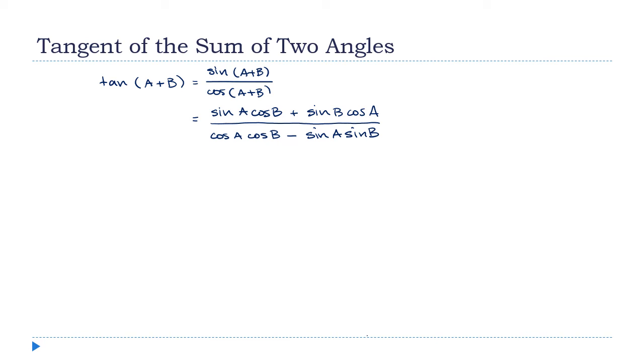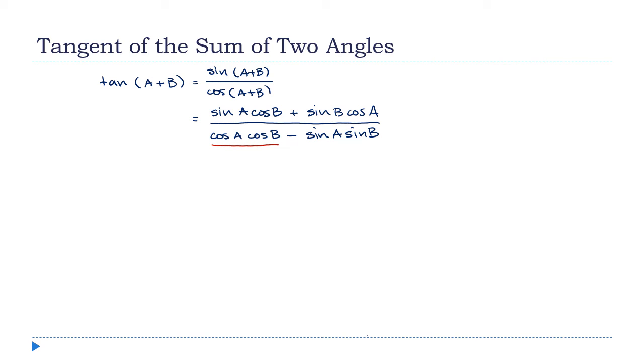Because I really don't want to stop there. That's not a particularly pleasant to look at formula. Well, here's what I'm going to do. I'm going to divide the numerator and the denominator by the cosine of A times the cosine of B.